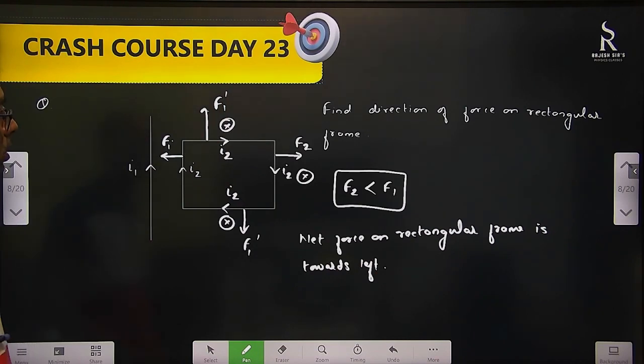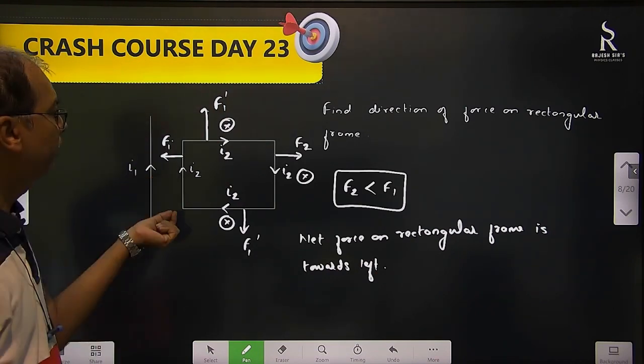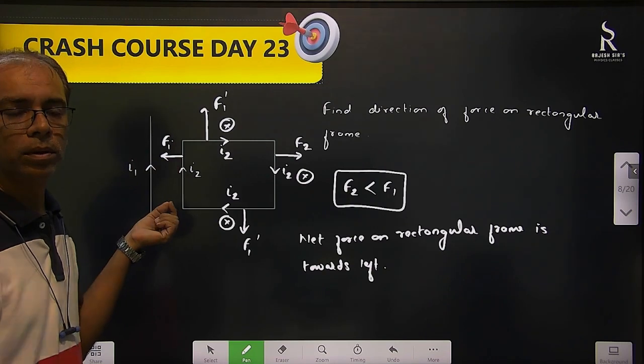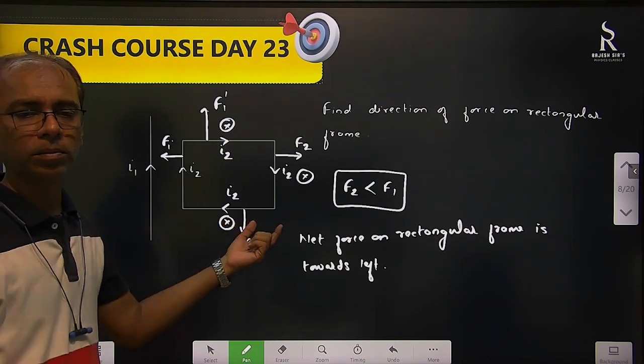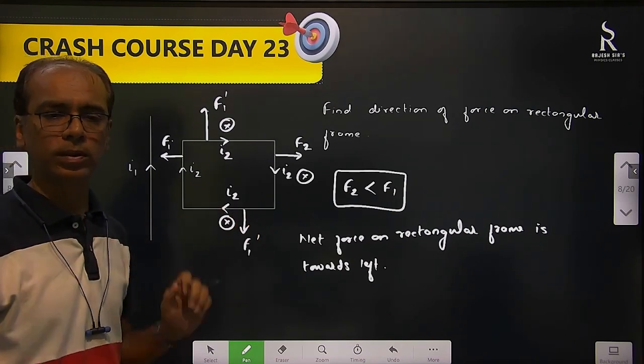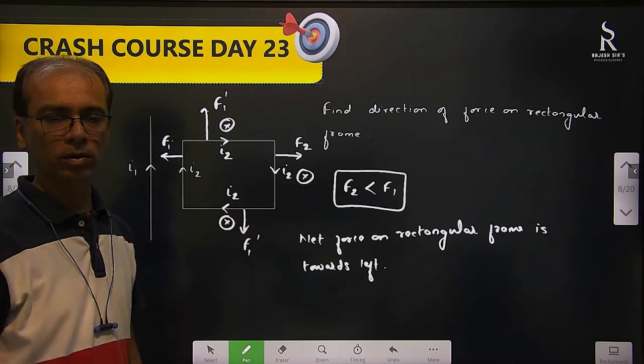Okay, this is what this is. Now, if we want to find this force, you already know it is mu naught I1 I2 by 2 pi d, where d is the distance. Here also, the same way, between this wire and this wire we can find the force. Alright.